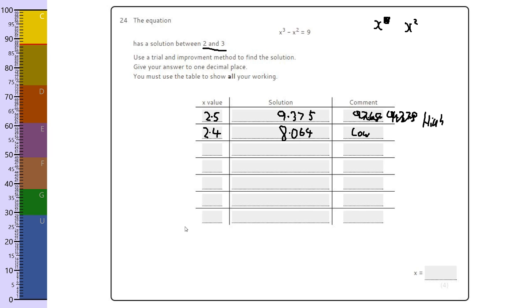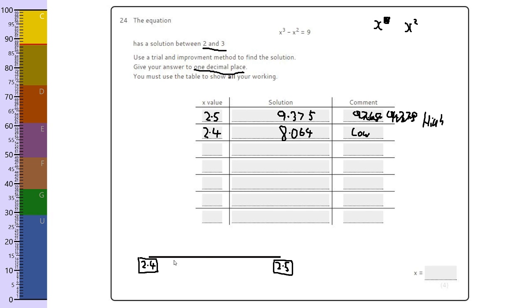Now if I show you a diagram here, and if I put 2.4 on here and 2.5 on here, now our answer is somewhere between those two. In fact, our answer will be either this one or this one, because it wants it to one decimal place.